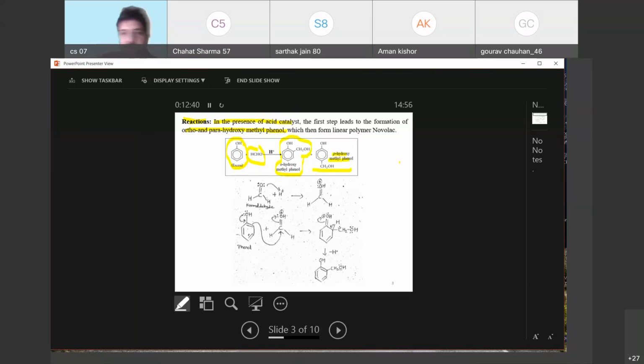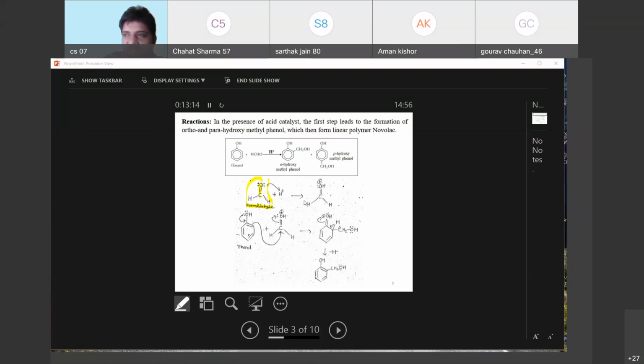So how is this reaction going on? You can see here, you have formaldehyde. Formaldehyde contains a carbonyl group, C double bond O. I think all of you studied chemistry, so you know what a carbonyl group means.